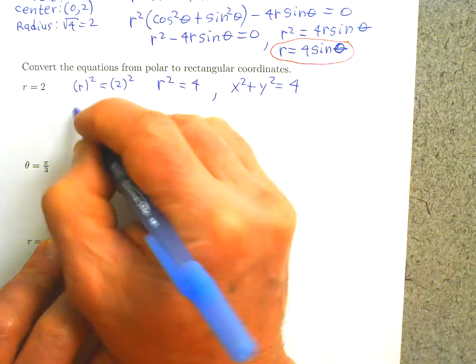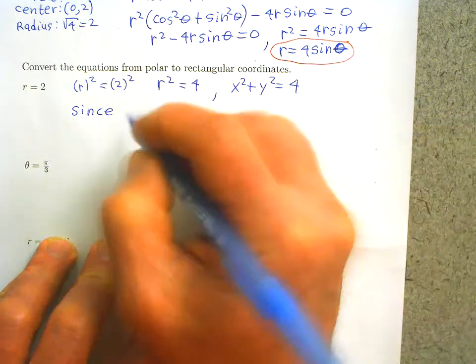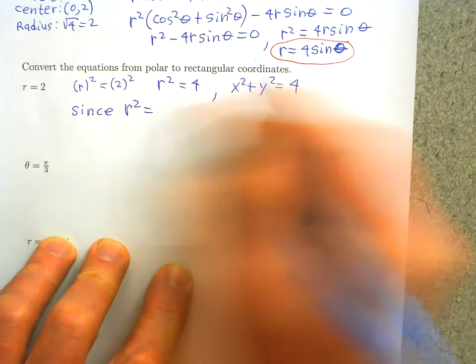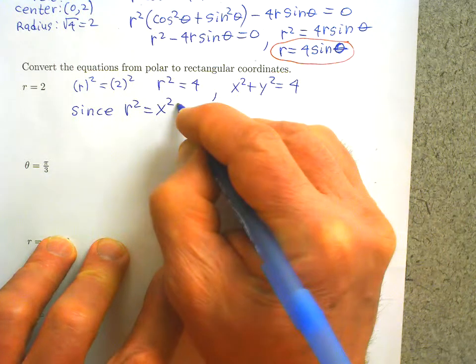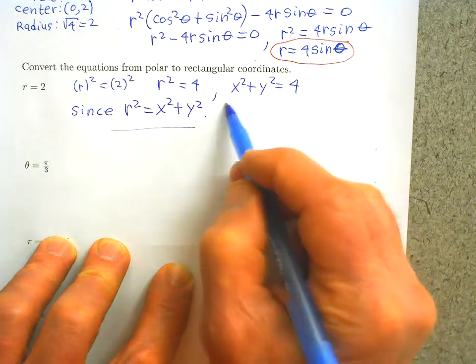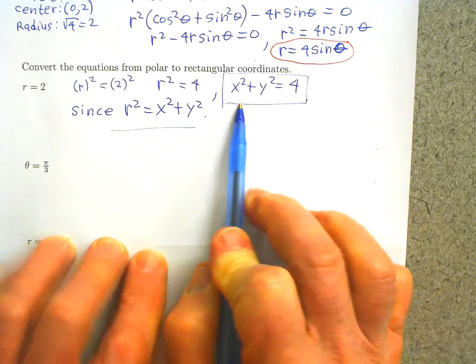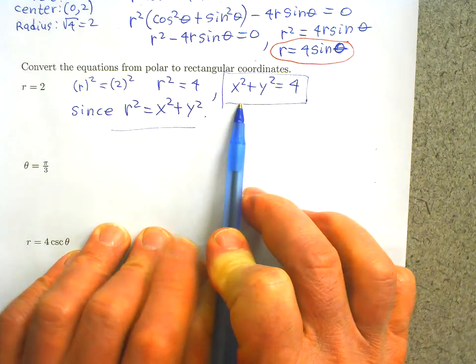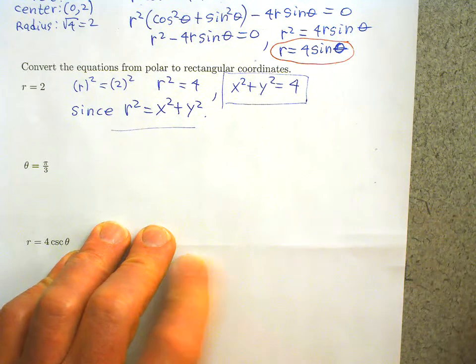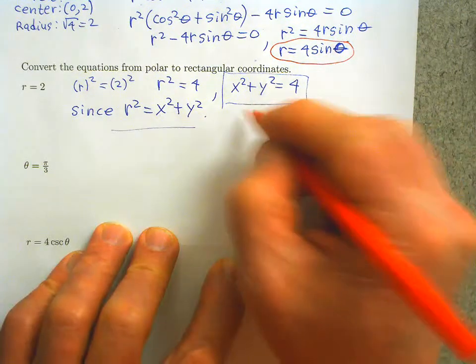That's one of the quantities that we want to remember: r squared equals x squared plus y squared. And we're done. x squared plus y squared equals 4 is the standard form of a circle centered at 0, 0, whose radius is 2. So this is a circle.